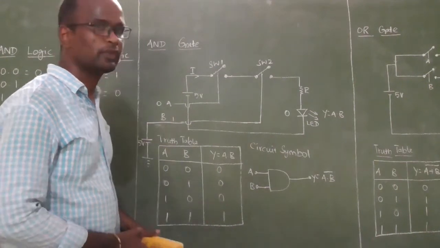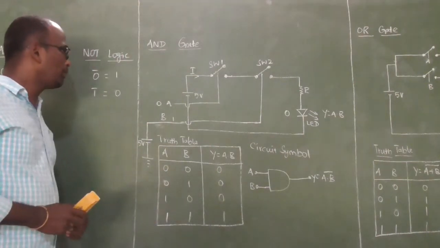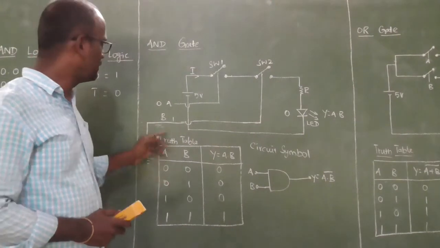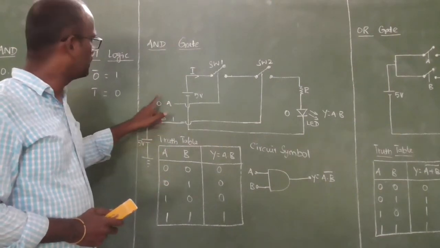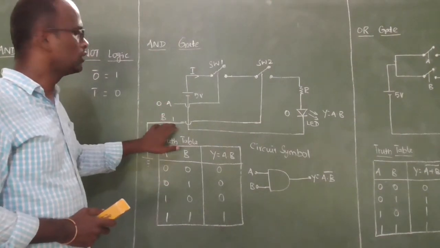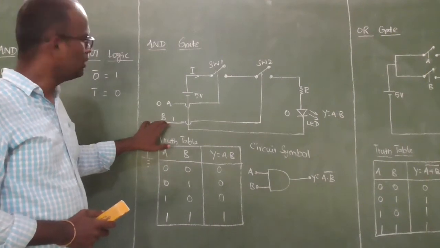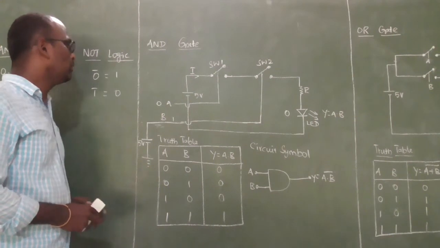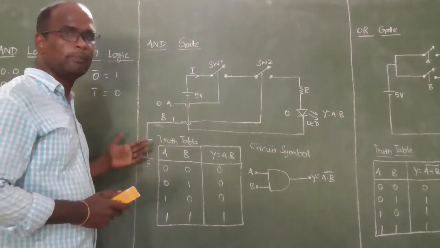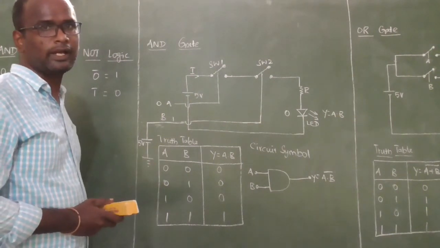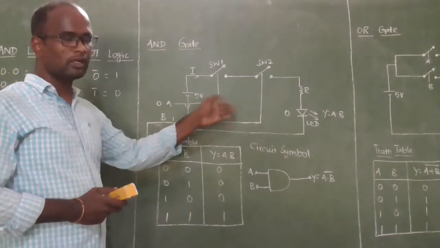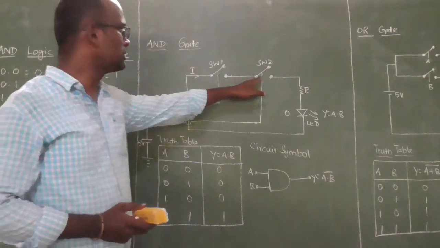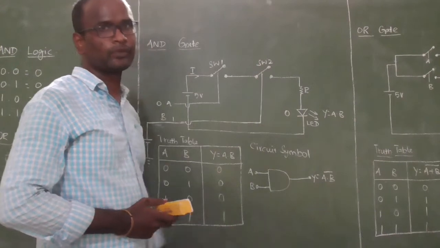It is 0, 1. That means to input A we have to apply 0, and to input pin B we have to apply 1. Here, applying 1 means we are applying a battery to flow the current through that input to switch on switch 2.